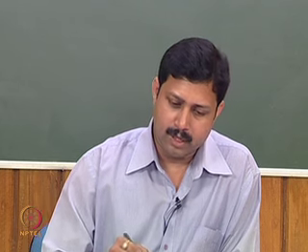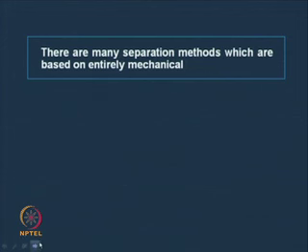We chemical engineers want to separate the constituents of a mixture at a relatively cheaper price or in an economical way, and the processes which we use are far different from the laboratory scales.